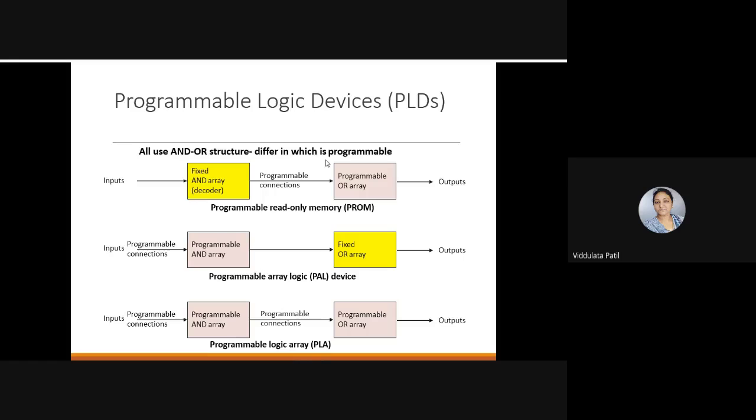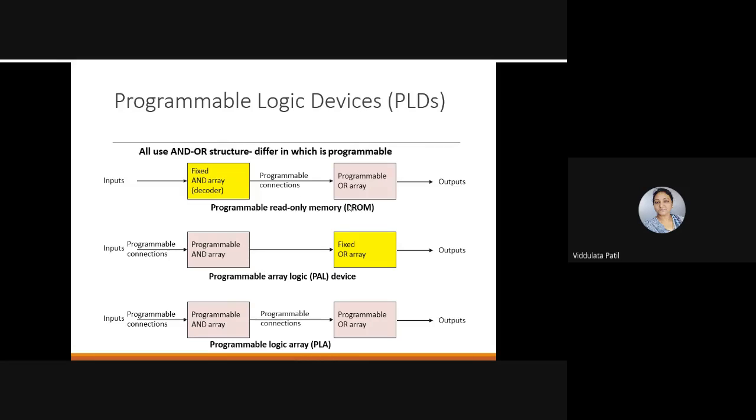Then there is a programmable connection between the output of this AND array and the OR array. So the OR array is programmable in a PROM, and then we get the output.